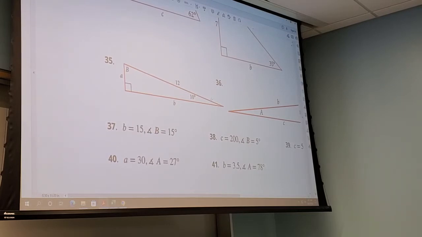Or, what relates the sides of a right triangle? Pythagorean theorem. Either way. You have to be a little careful with Pythagorean, because is that really what side A is? No, I rounded. So if you do Pythagorean, it's going to be a little bit off, but it's good enough for government work.